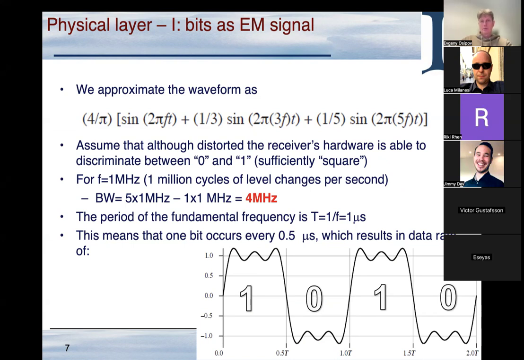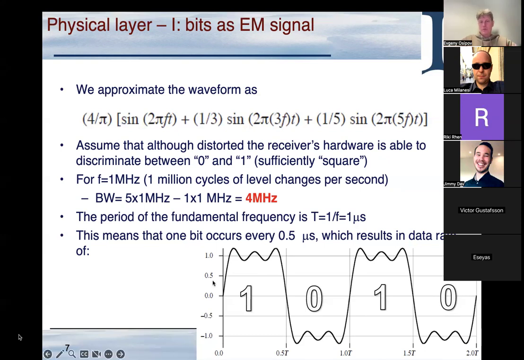As I told you, the physical layer is about converting digital information into a signal with certain physical properties, and the properties of a signal are frequency and bandwidth, meaning how many frequencies are involved in representing digital information.